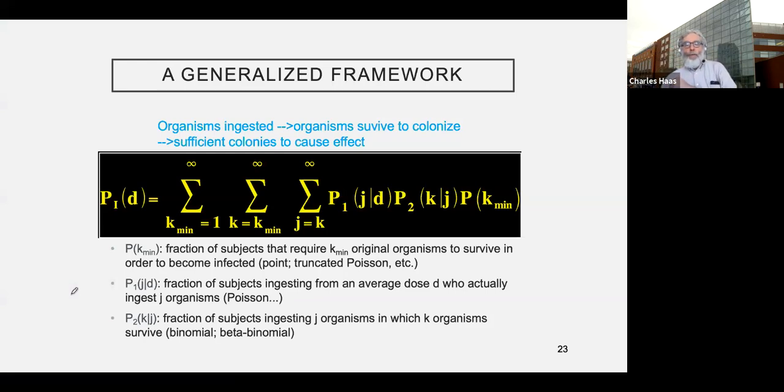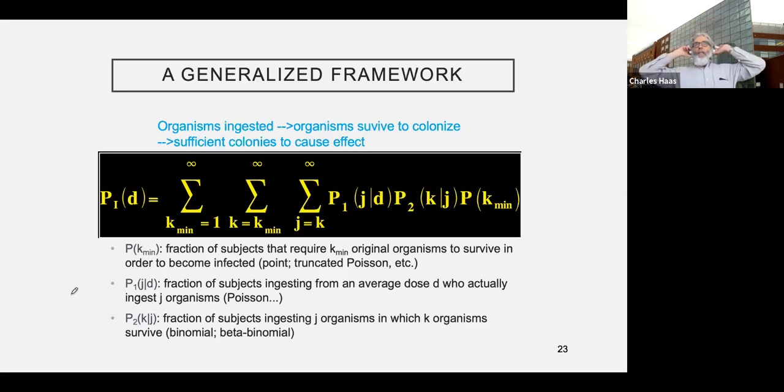The beta Poisson and the exponential are really special cases of this broad general framework where we look at three probability distributions that incorporate the variability of organisms in our sample, the proportion of subjects that might require more than a single organism to survive to become infected, and then of the subjects who ingest a certain number of organisms, how are the numbers that survive distributed? They may not be independent and identical. They may have some other distribution.